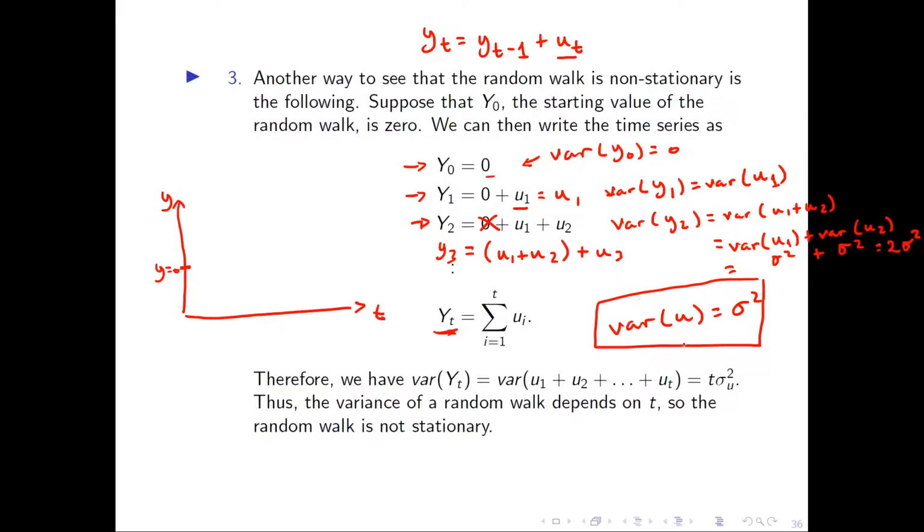Okay, so this is because of the constant variance of u.